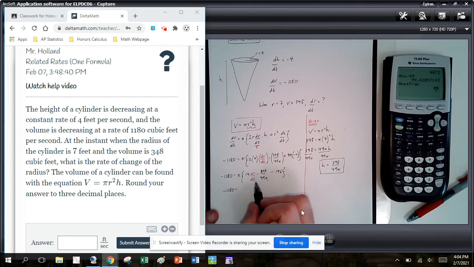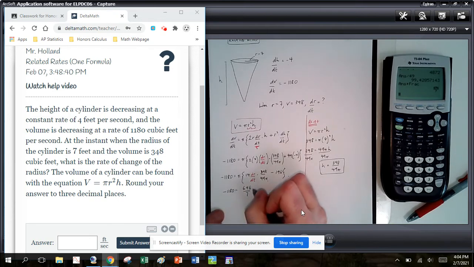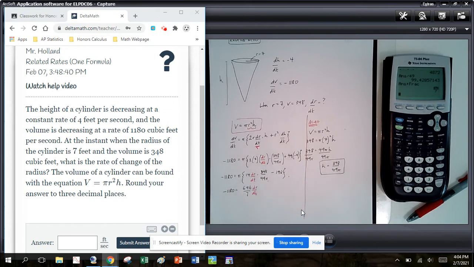All right, so here we go. Remember, the pi is cancelled out. I multiplied across, so I'm going to have 696 over 7. Remember, multiply by dr/dt. And then also distribute the pi to there, so that'll be minus 196 pi. All right, so it's looking a little bit better now.